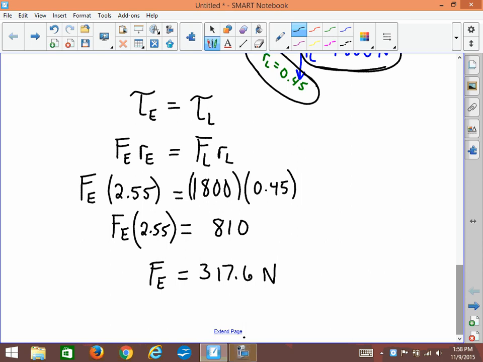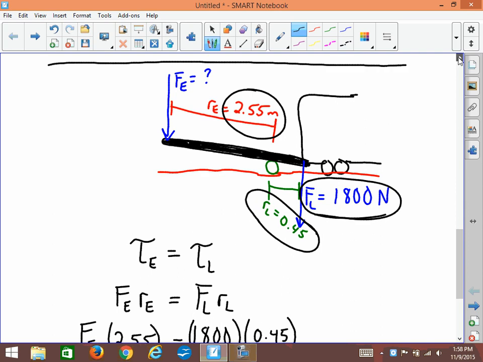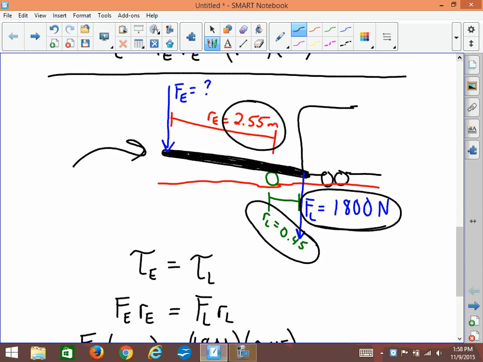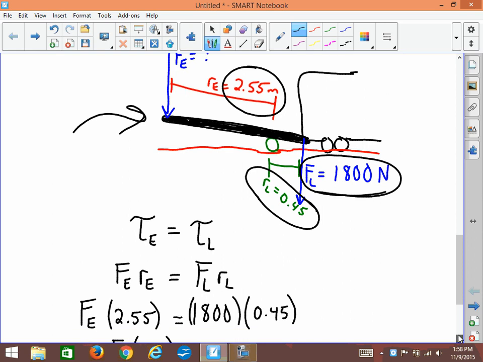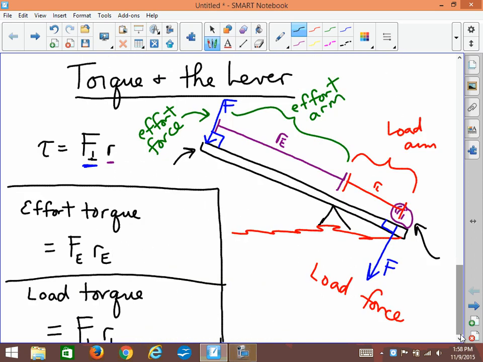Well, that's how hard you would have to pull down or push down on this end, the effort end of the lever right here, in order to lift this heavy trailer. Okay? So there's another example of how this might work.